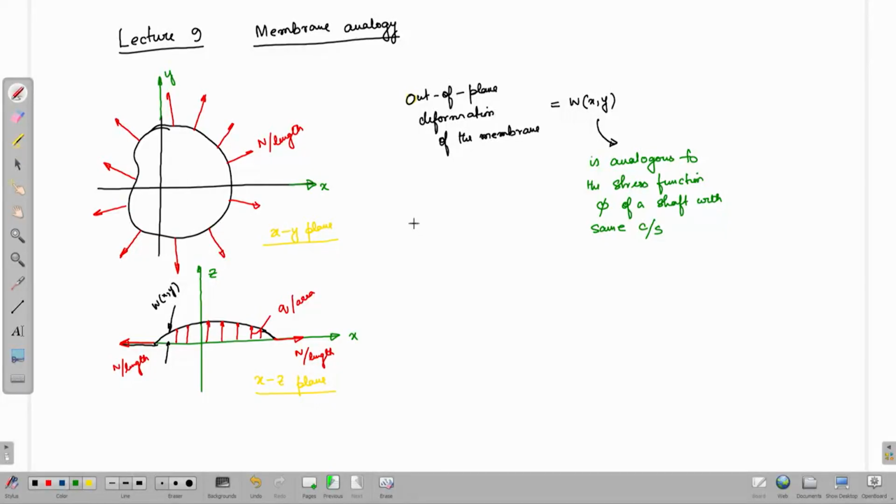So, let me write it down. I have a membrane. I have a shaft under torsion.